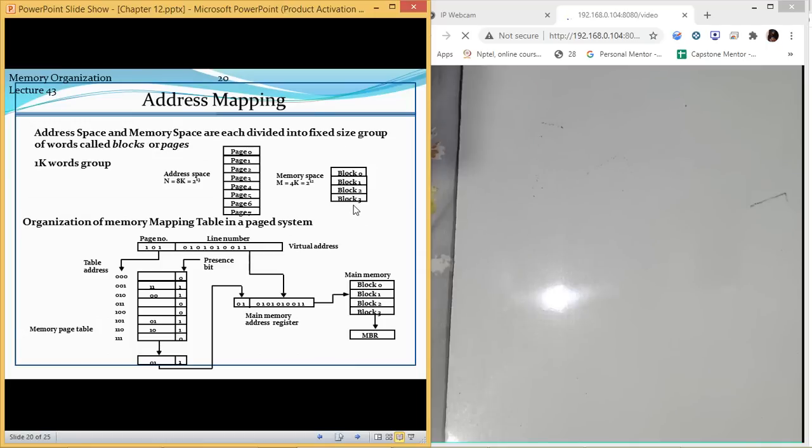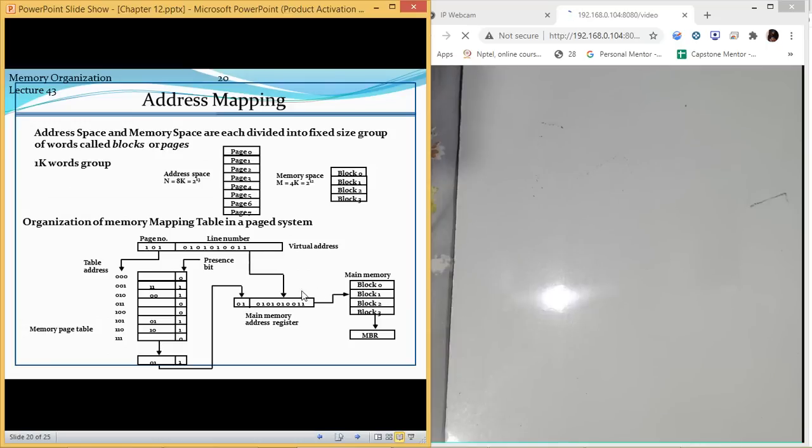This is the block which we are having, so we are having a separate block for this. Then these are the page numbers which are represented at this place. This is our buffer value where we are going to store which data is present inside the main memory. We have page numbers representing these values: 000, 001, 010, 011, and their status inside the main memory, whether they are actually present or not.